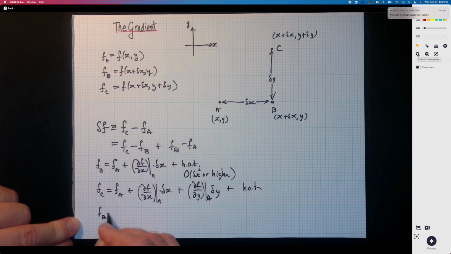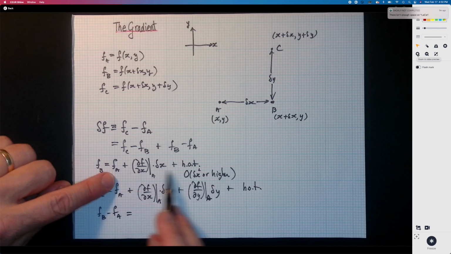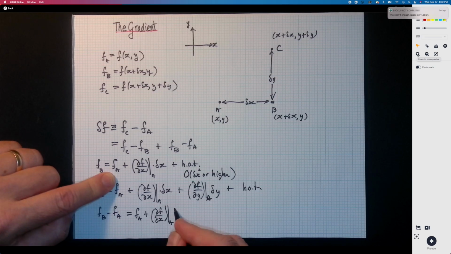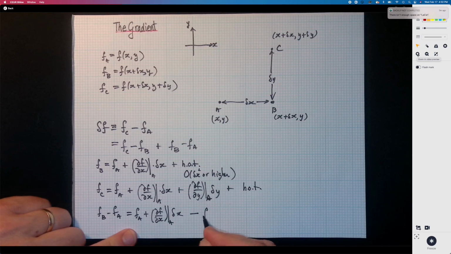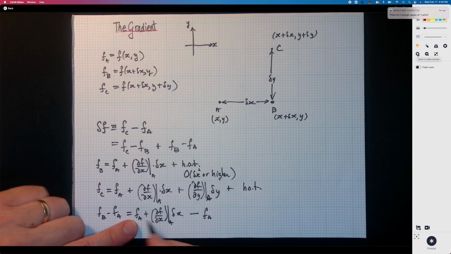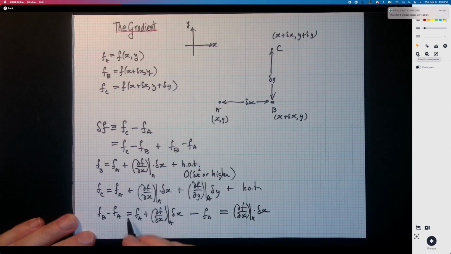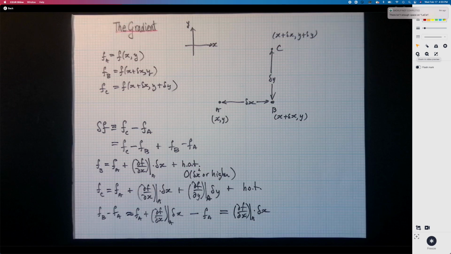F at B minus f at A is going to be this expansion, f at A plus partial f partial x evaluated at the point A times delta x, minus f at A. This is f at B minus f at A. The f's at A cancel, so I just get partial f partial x at A times delta x. This is approximate, and it's going to be exact in the limit where delta x is very small.